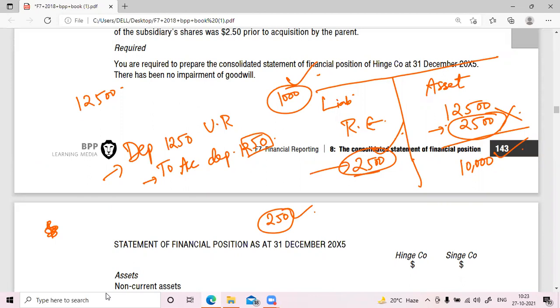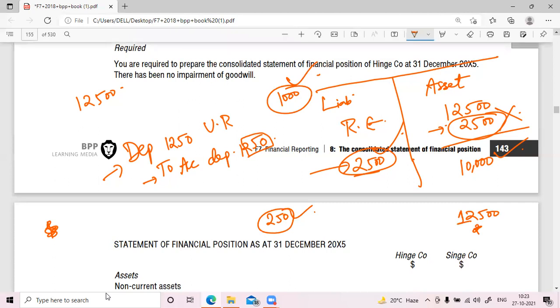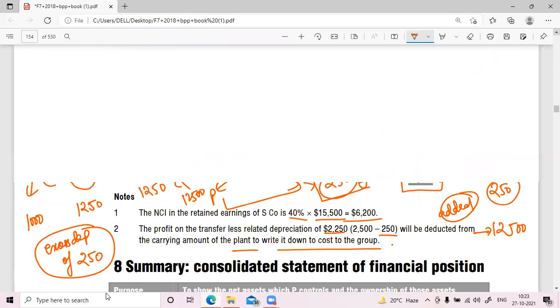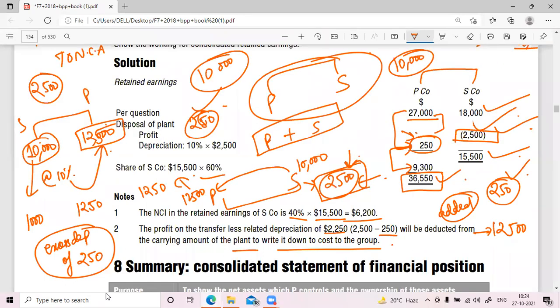So from this 12,500, what would we be doing? What we have removed, we would be adding. Now we removed, now we will be adding. But again, it does not cost. Just a second. The profit is this much, which will be deducted from the carrying amount of the plant to write it down to cost to the group.